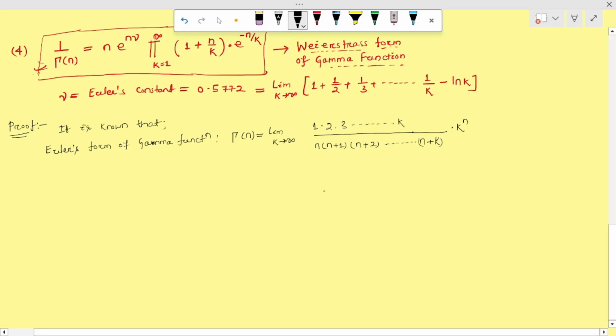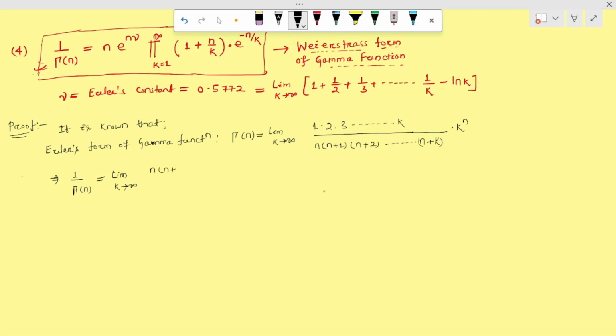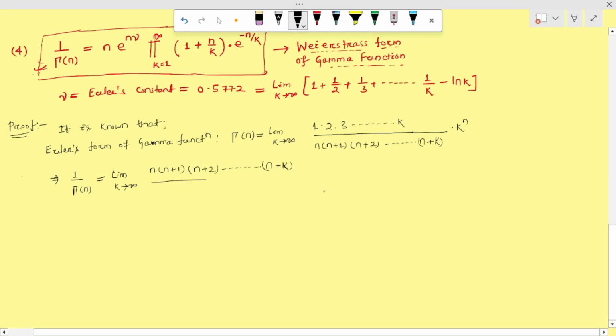That implies, if I consider 1 by gamma n, it will be reversed: the numerator will be the denominator and the denominator will be the numerator. So 1 by gamma n equals the limit as k tends to infinity of n into n plus 1 into n plus 2 up to n plus k, whole divided by 1 into 2 into 3 up to k, into k to the power minus n.